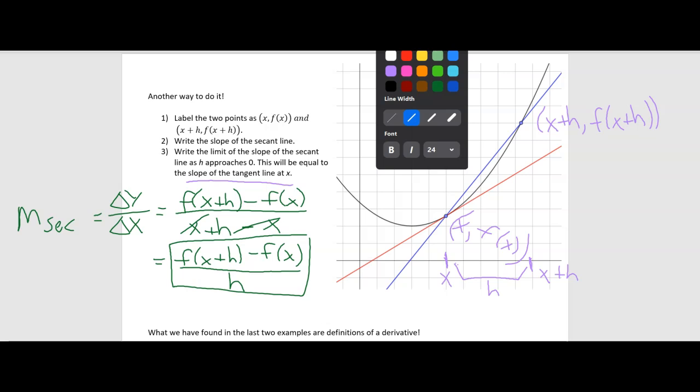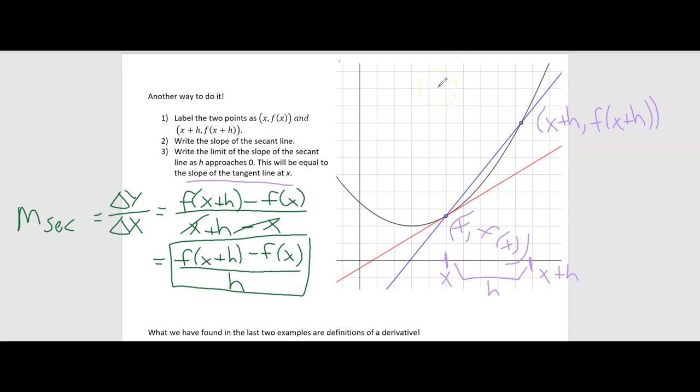Now, you'll notice we are moving this point along our function until we get down here. So we're essentially pushing h, that distance between x and x plus h, to 0.